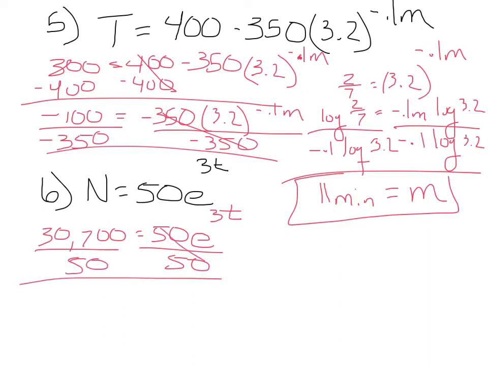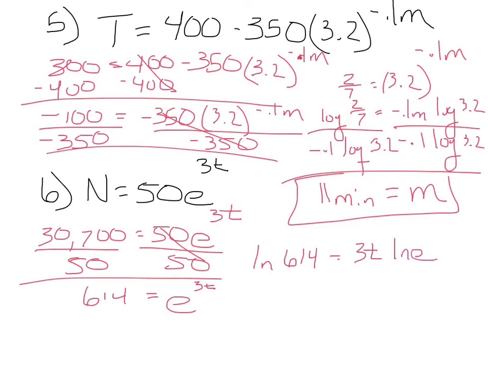When I divide by 50, I get 614. Now I can't find a common base between e and 614. I have to use logarithms, but I have to use the natural log. The reason I have to use the natural log is because I have a base e. So taking the natural log of both sides, it's going to read ln 614 is equal to 3t ln e.